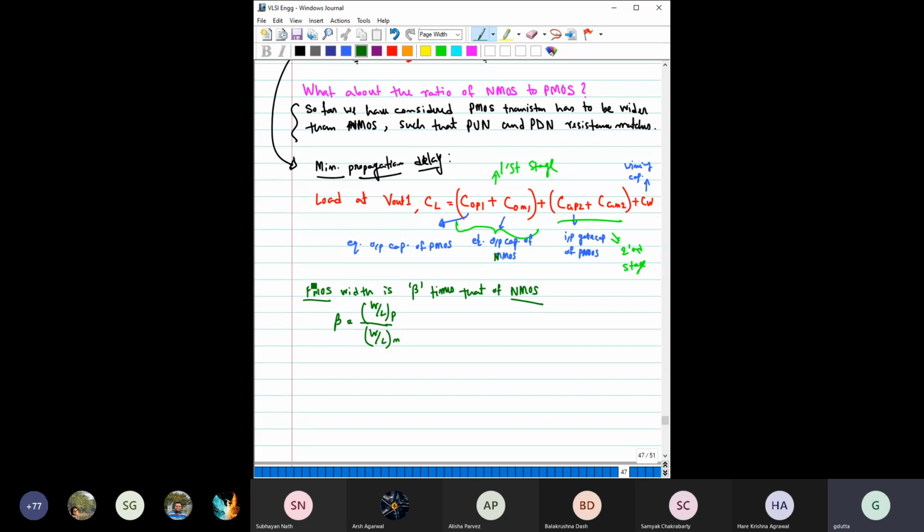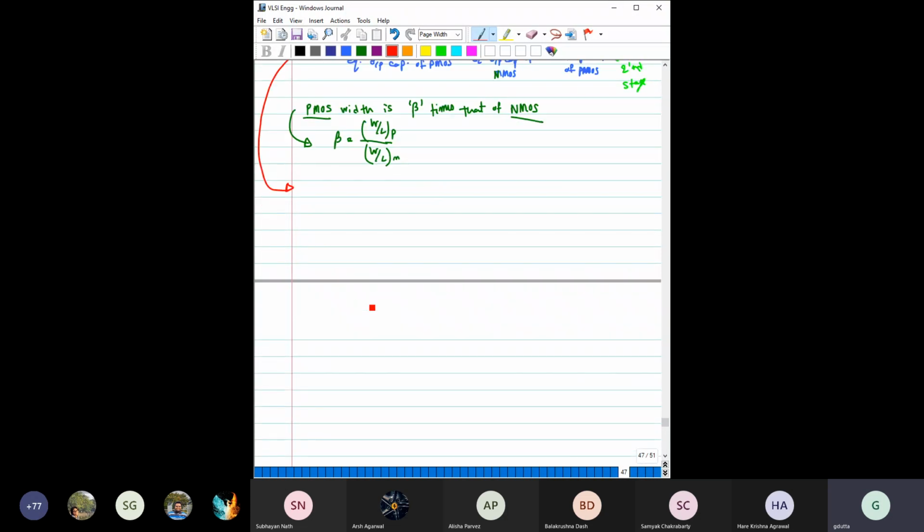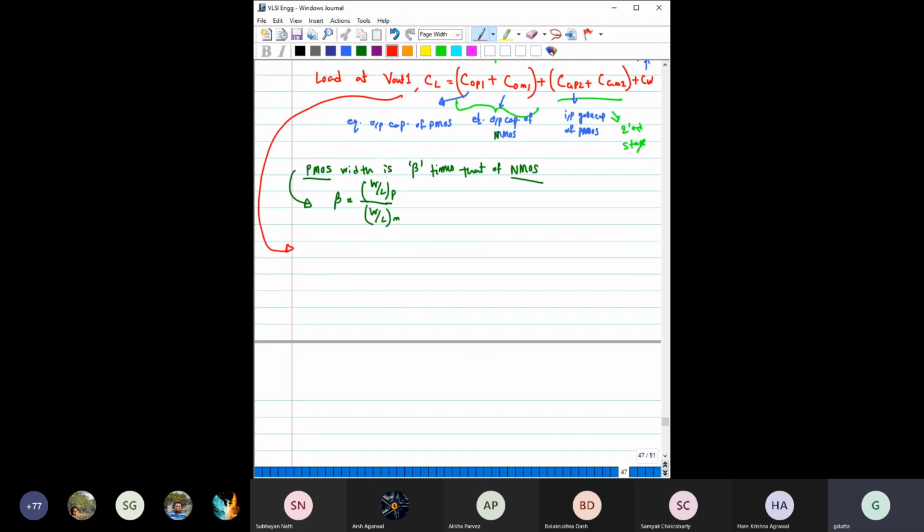If this holds, meaning we have set our design like this, can we not write CL like this? It is COP1, right? Our goal is to write everything in terms of the NMOS.